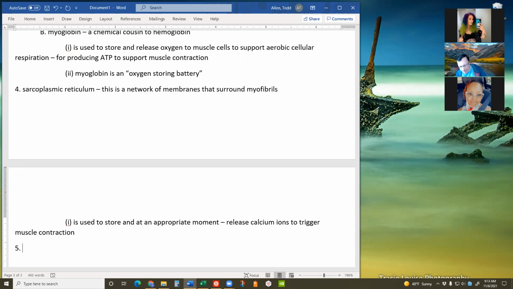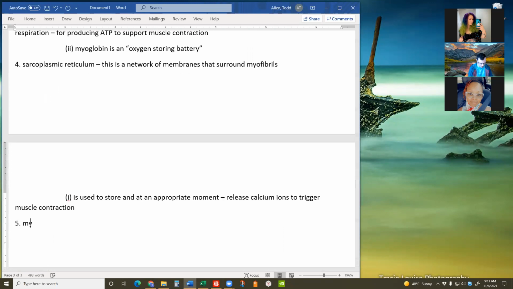Number 5, myofibrils. Okay, the myofibril, as you look at figure 10.2, take a look at the myofibril. The myofibril is known as a contractile organelle.